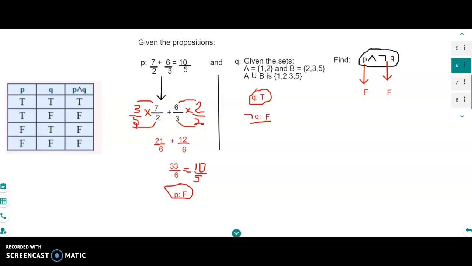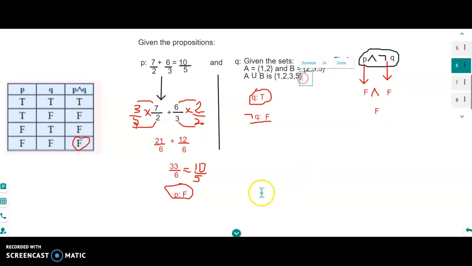And finally, this is the easiest part, because we have to find false and false, and we go to the truth table. We go to the truth table and we find that false and false is false. So we write here that false and false makes false.